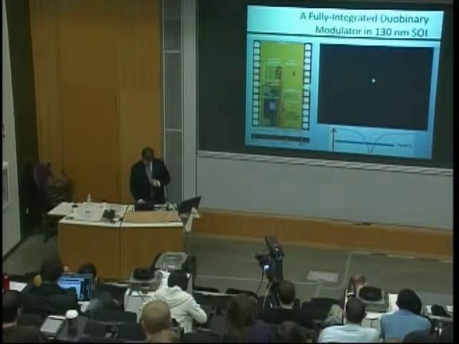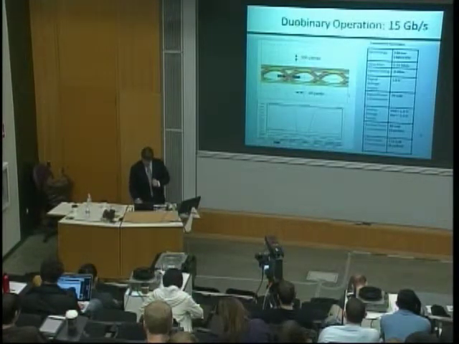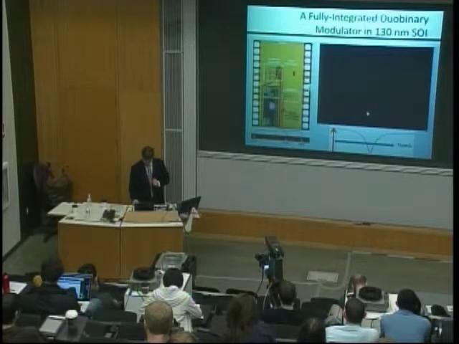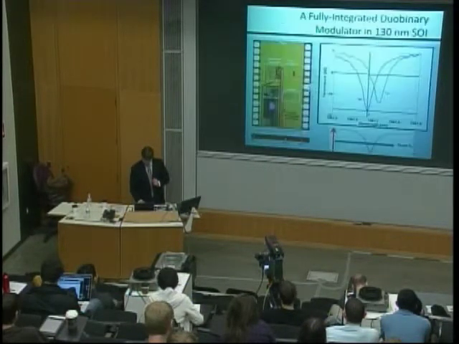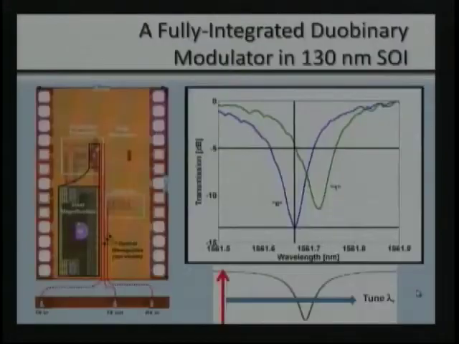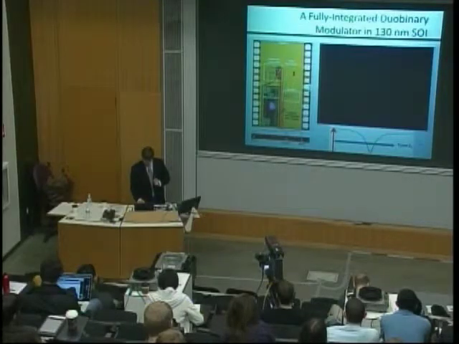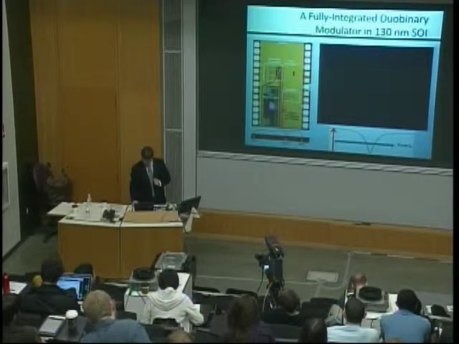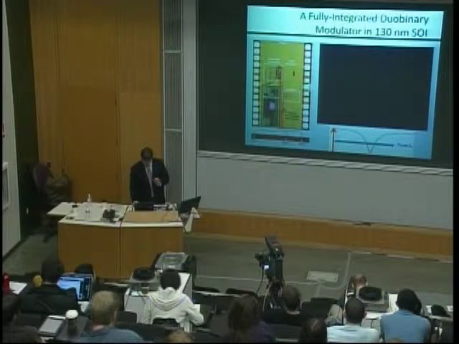So we use this to get a profile of the Lorentzian line shape, which shows the tuning behavior that's required to modulate a 0 and a 1.